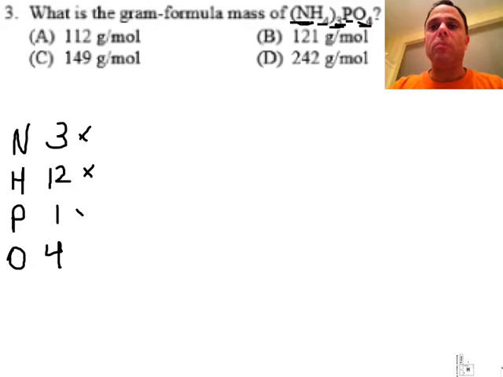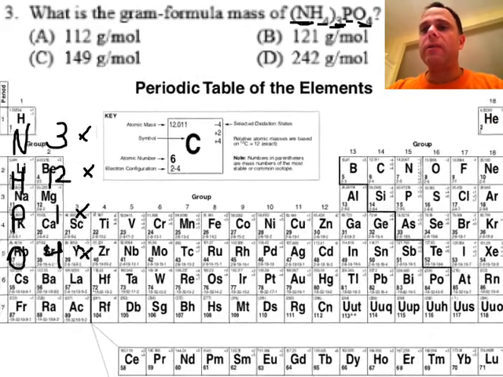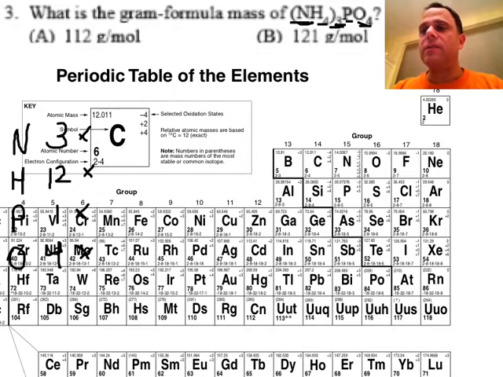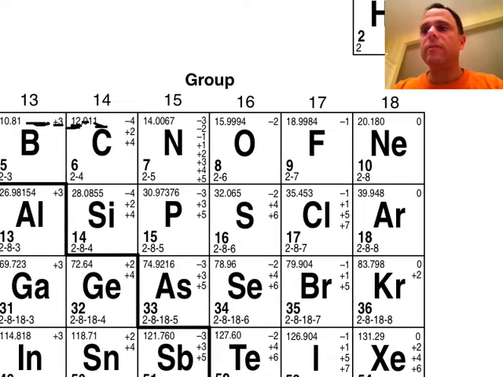Now what is the mass of each of these? Because we have to multiply how many moles by the mass. And for that we are going to look at the periodic table itself, and nitrogen's mass is located right here. And let me make it larger for you. There it is. Nitrogen's mass is 14.0067.